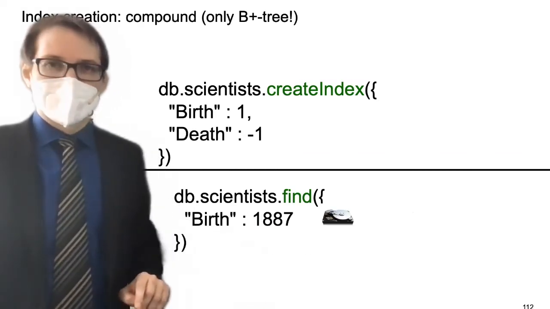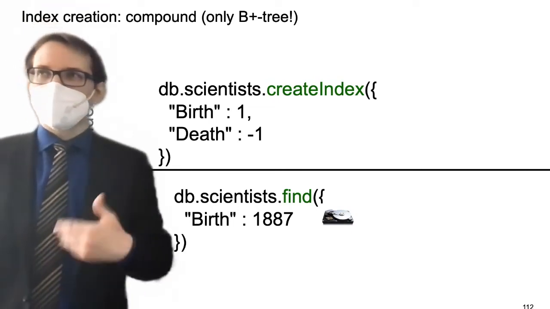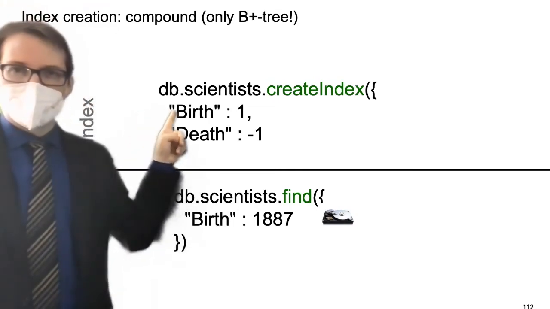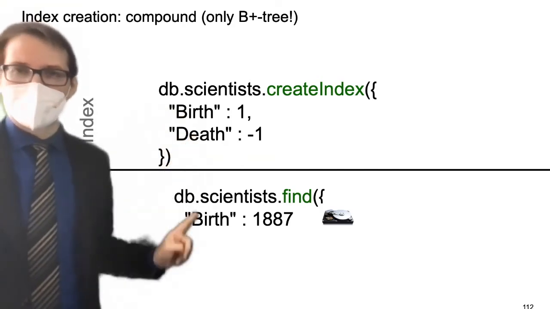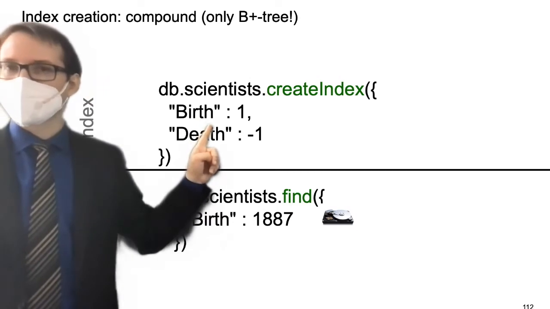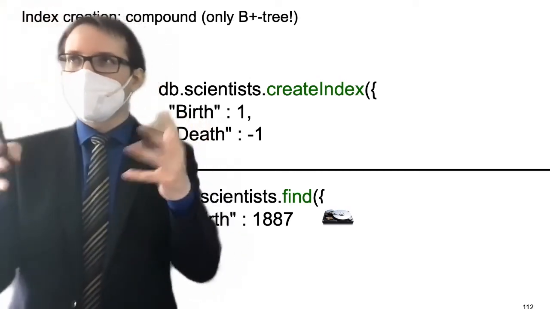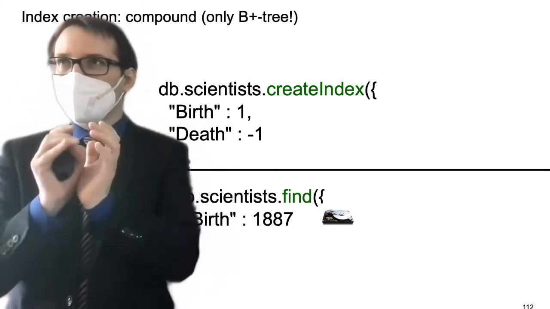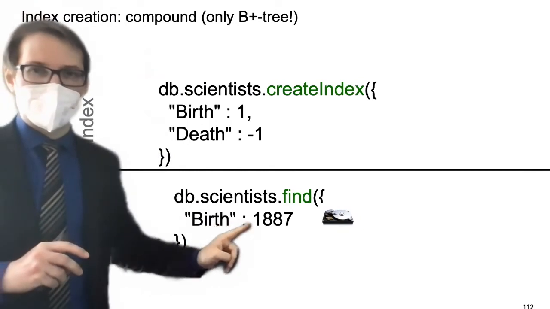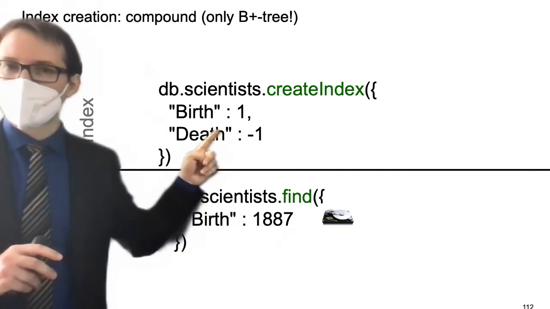Right. Okay. Now, there is some trivia or fun facts to know. If you order by birth and then by death, but the query only asks for the birth, you can also use that index. The reason is that if you have the birth and death, all of the ones with the same birth will be together. So if I want to locate all of the ones with birth 1887, it's like an interval for birth date, right?